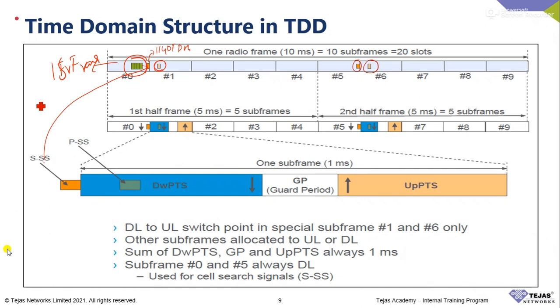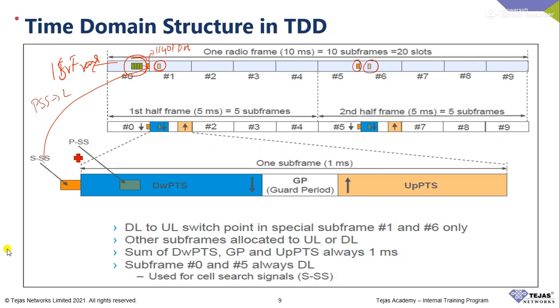So here also you can see PSS and SSS come twice, but the difference is the PSS and SSS are not adjacent to each other. PSS comes in subframe number 1, SSS comes in subframe number 0. Again, PSS comes in subframe number 6, SSS comes in subframe number 5. So they are not next to each other.